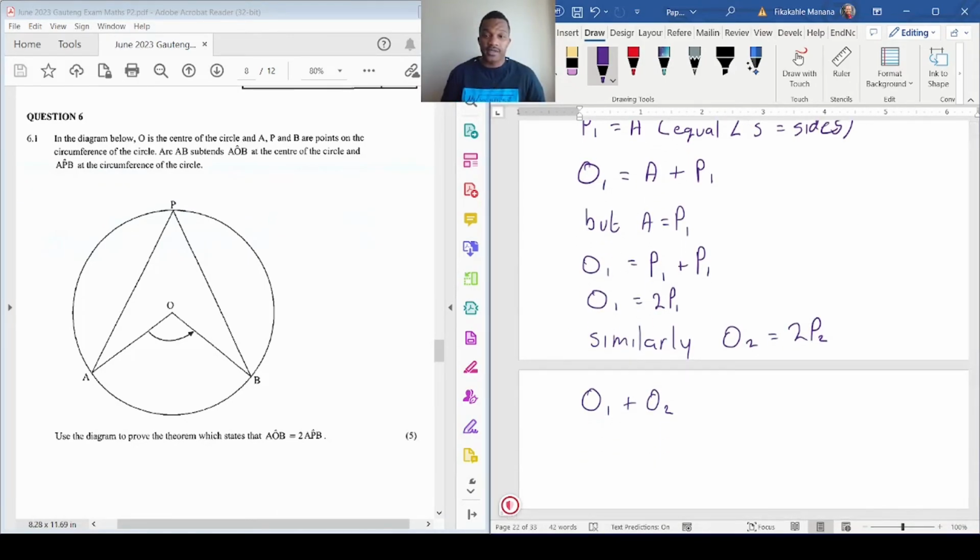All right, so that's equal to, O1 is equal to 2P1 and O2 is equal to 2P2, and we can take out the common factor, which is 2. So that's 2(P1 plus P2).